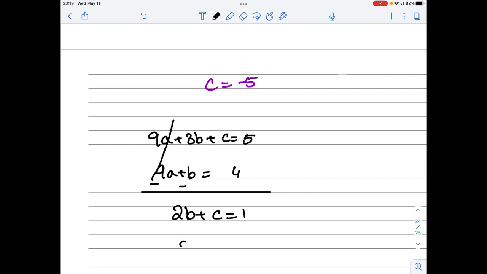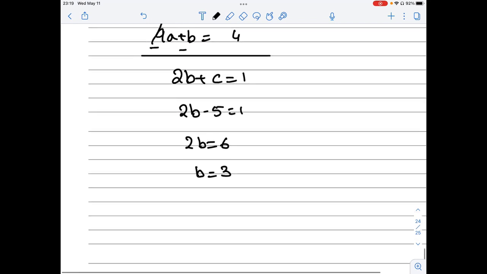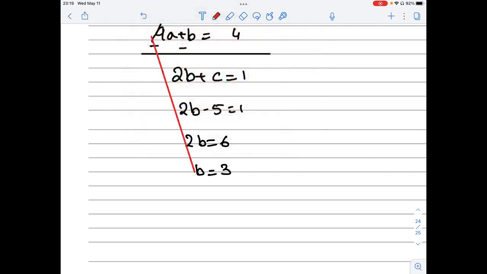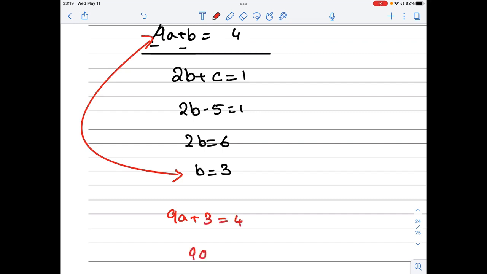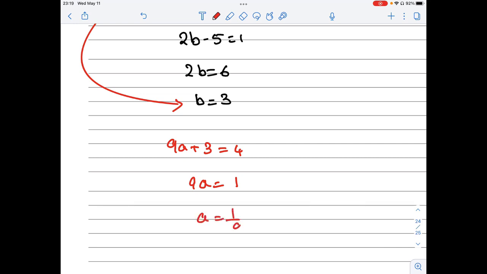But just now we got c as minus 5, so 2b equals 6. So b equals 3. Once I got b as 3, plug this b value into the second equation. So 9a plus 3 equals 4, 9a equals 1, a equals 1 upon 9.